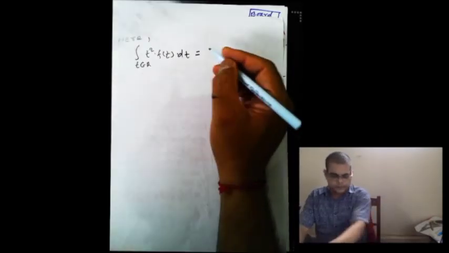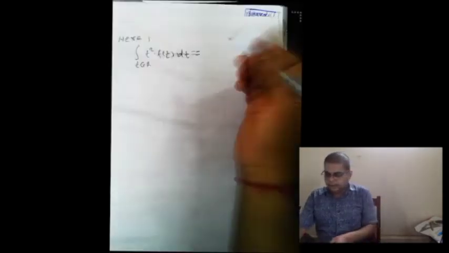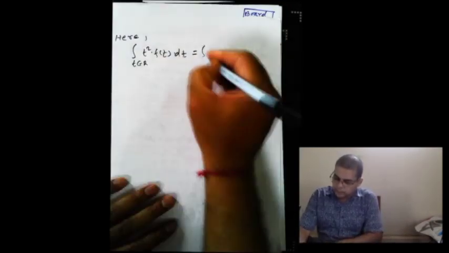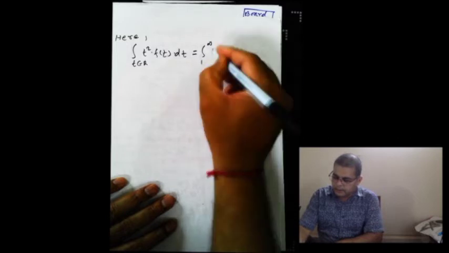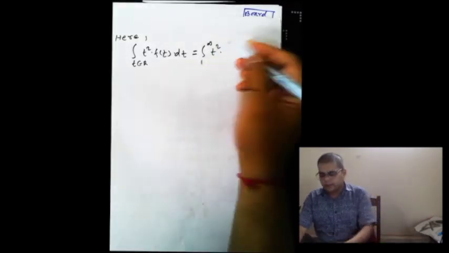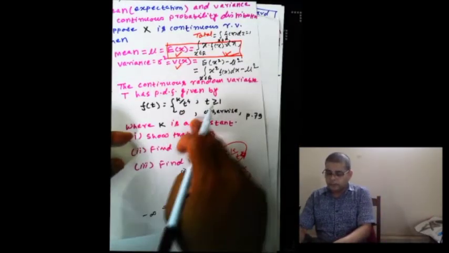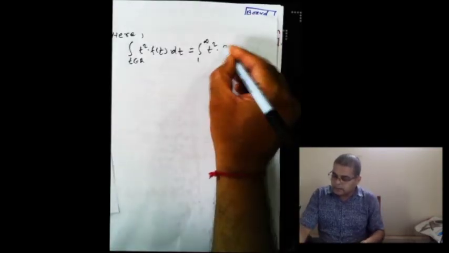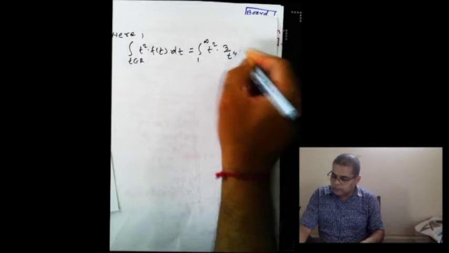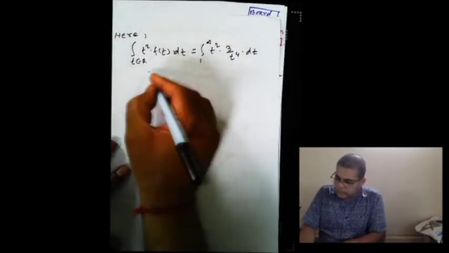Here it is the range of values of t in this case. We have seen just now that t is greater than or equal to 1. That means it is from 1 to infinity, and this is t squared, and f(t) is k by t^4, and we know that the value of k is 3 now, so it is 3 divided by t to the power 4, and then dt.